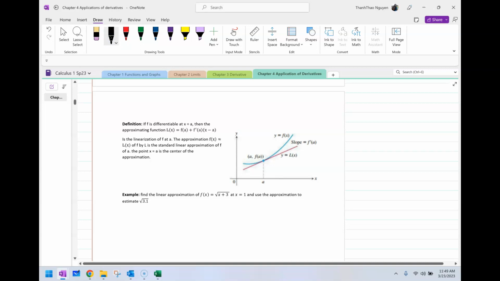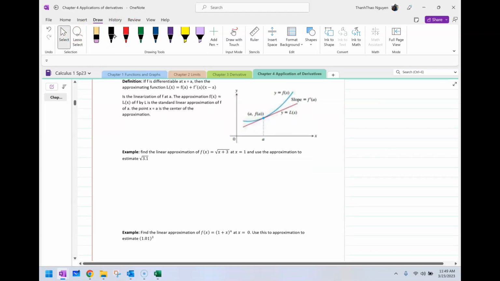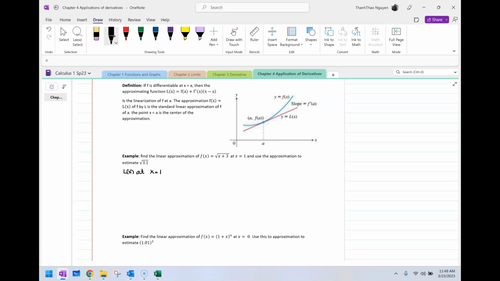The linear approximation at x equals 1 is given by L of x equals f of 1 plus f prime of 1 times x minus 1.